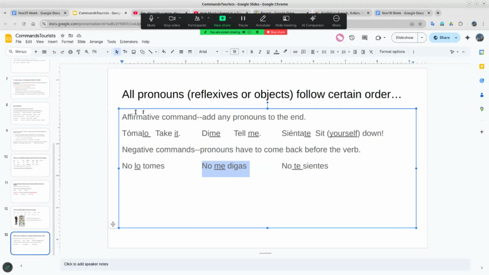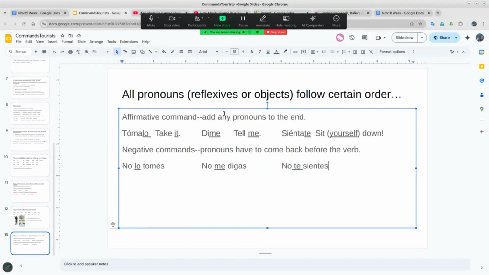No me digas, don't tell me. Oh, don't tell me, right? The spoiler, don't tell me about the movie. No me digas nada, por favor. Don't be a spoiler. No te sientes. Oh, don't sit down. We're about to leave anyway. No te sientes. Don't sit down.